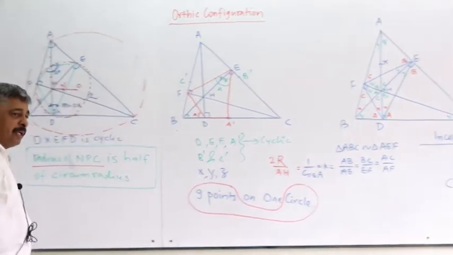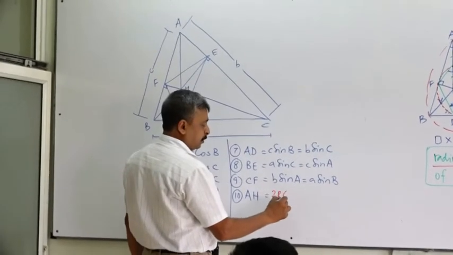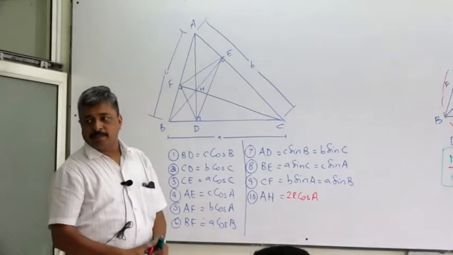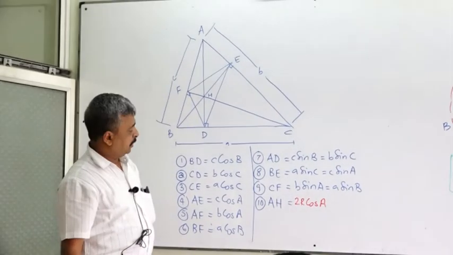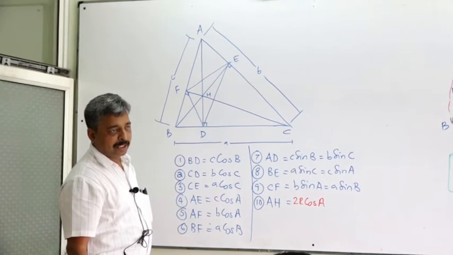Therefore AH is equal to 2R cos A. Is it understood? A bit involved.